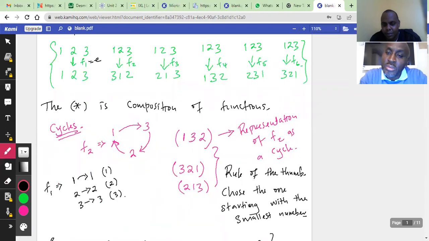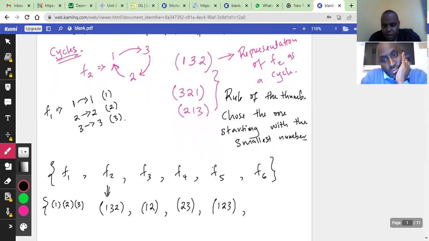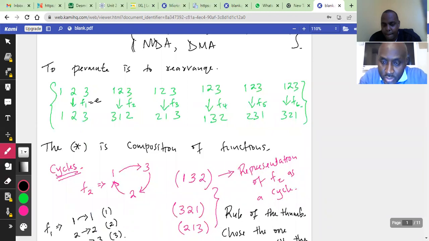Hold on, let's see again. 1 goes to 3, 3 goes to 1, and 2 is okay. So this is (1 3), and nothing happens to 2.